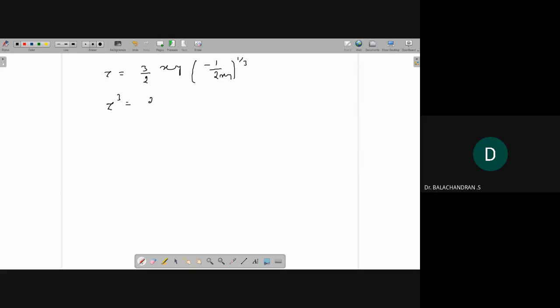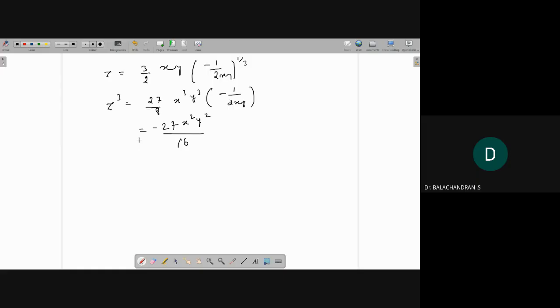z cube equal to 27 divided by 8, x cube into y cube into minus 1 by 2xy. So from this you can cancel xy and xy. So we get 27 x square y square minus 27 x square y square by 2 into 8, 16.